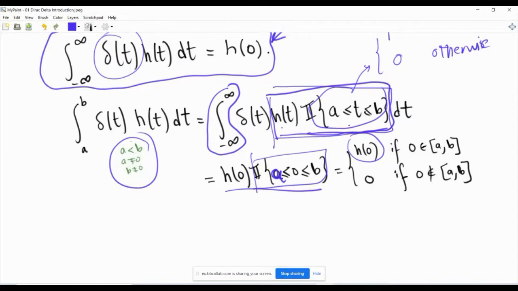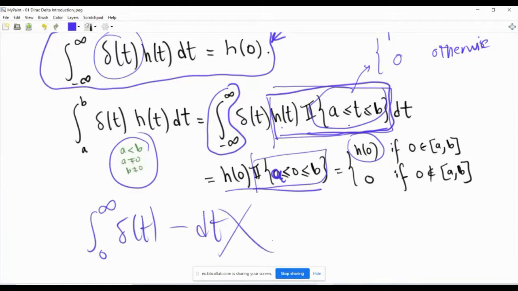And if I give you an integration like 0 to infinity of delta t multiplied by something dt, you should simply say we will not accept this as valid. We want the original Dirac delta without shifts to be either inside the domain of integration, or completely outside it.